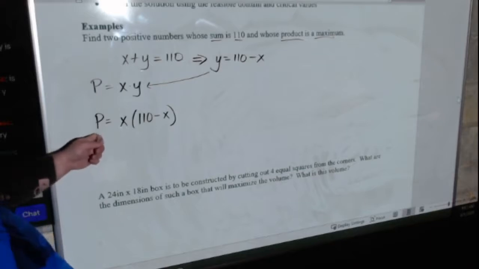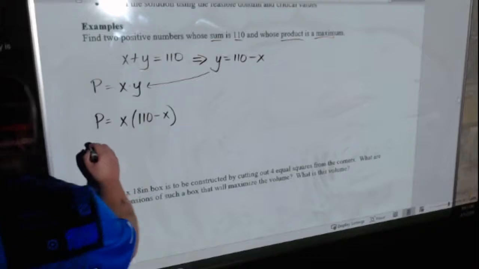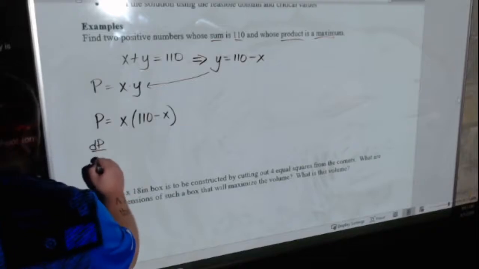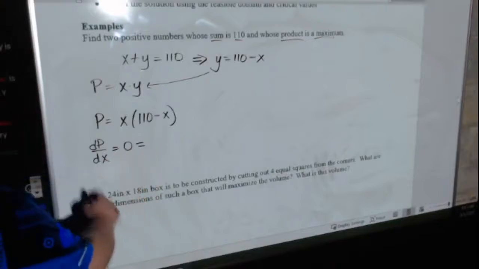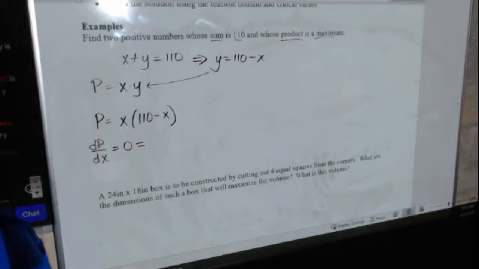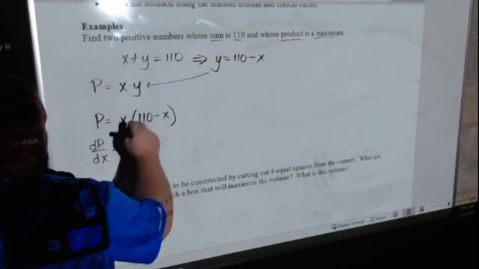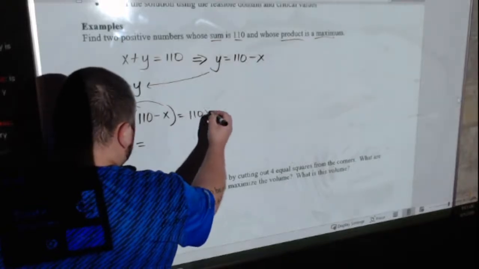If I'm trying to maximize this thing, I have to differentiate it. So dp, this is going to be dx. And I'm going to set it to 0, so I don't really care what this is over here anyway. We can go ahead and multiply this in to make it a little easier on ourselves instead of having to do a product.